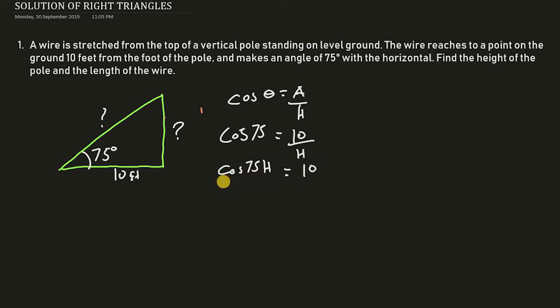Para hypotenuse lang yung matira, i-divide natin both sides by cos 75. Magka-cancel yun. The value of our hypotenuse would be equal to 10 divided by cos 75 is equals to 38.64.